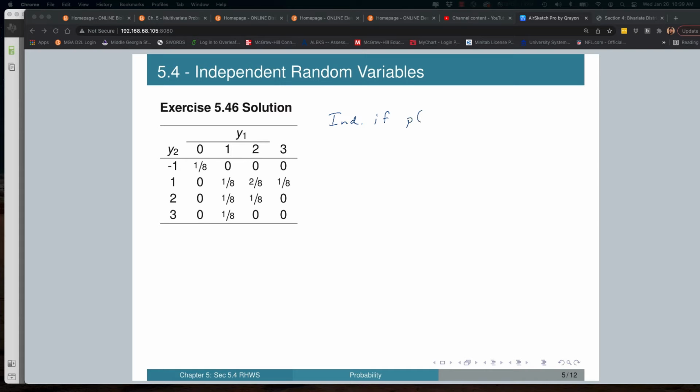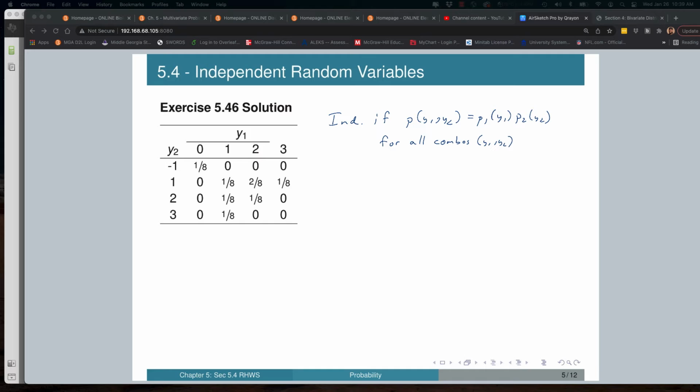If P of y sub 1, y sub 2 equals the marginals multiplied together for all combos. I'll shorten it there for us. Okay. So I'm going to just take any one that I want here.